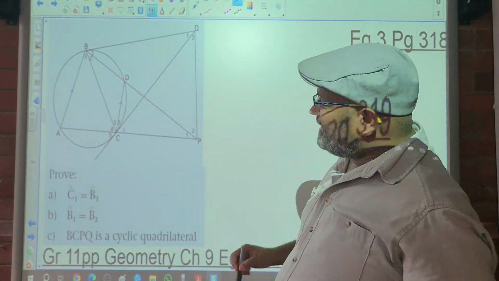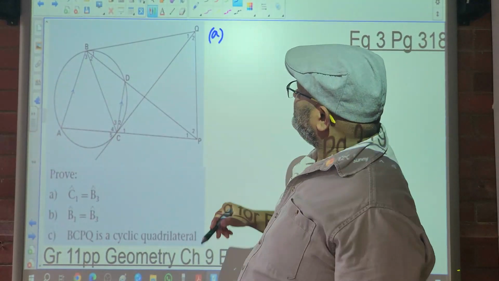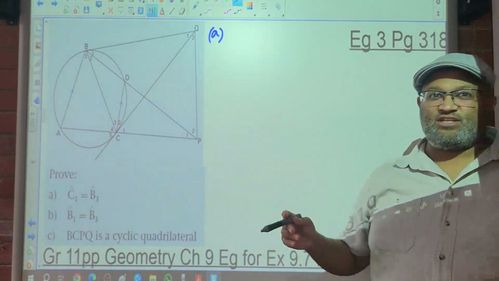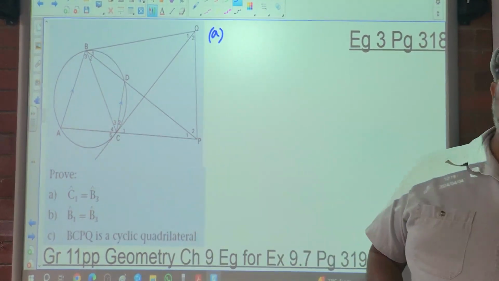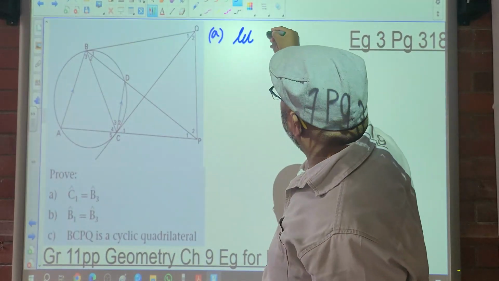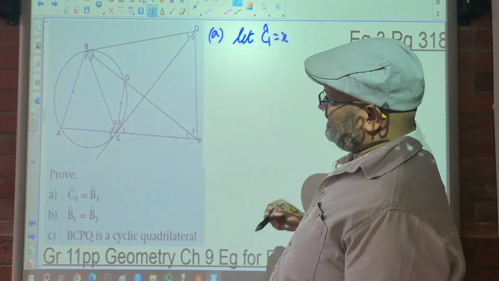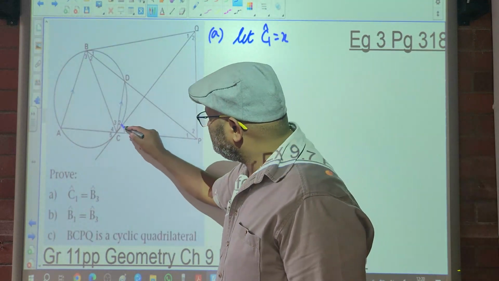I'm going to introduce my x again to the story. He says C1 is equal to B3. So what do I say? Let angle C1 equal x. So this is angle C1.